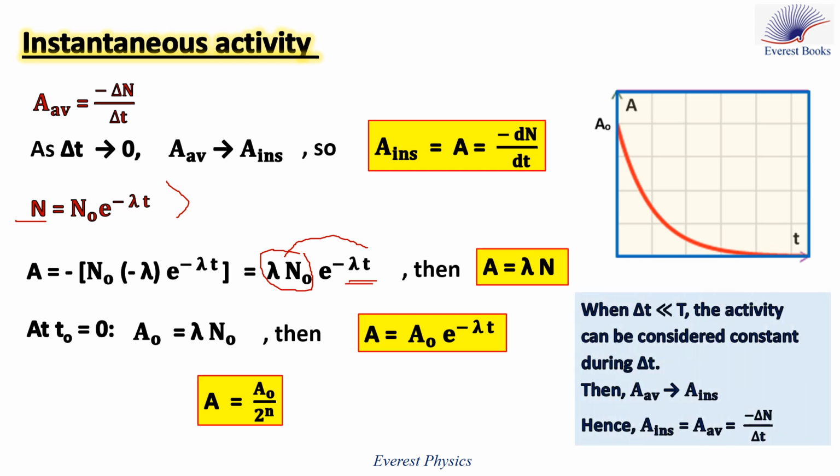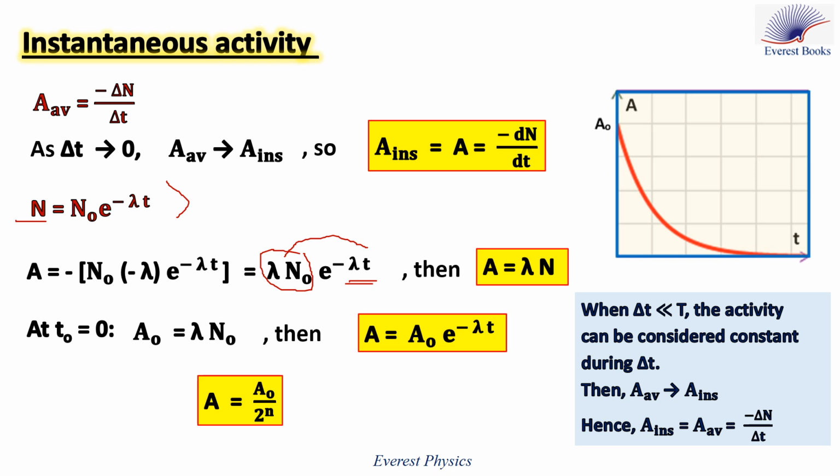Now, an important remark. When delta t is much less than T, the activity can be considered constant during this time, which means that the average activity approaches the instantaneous activity. Hence, we can use minus delta N by delta t to calculate the instantaneous activity.